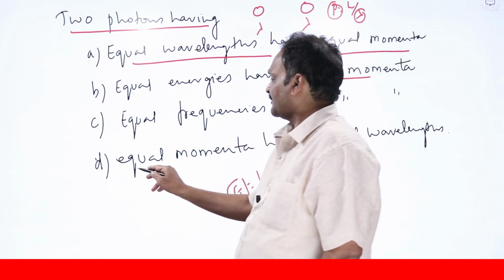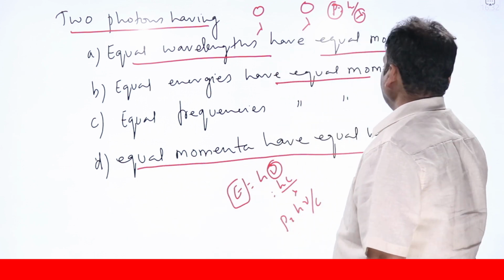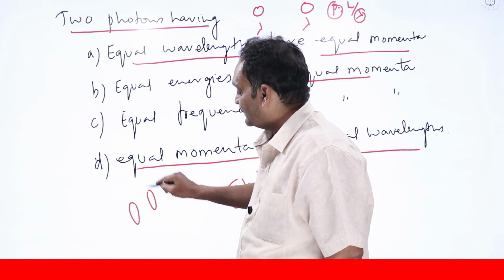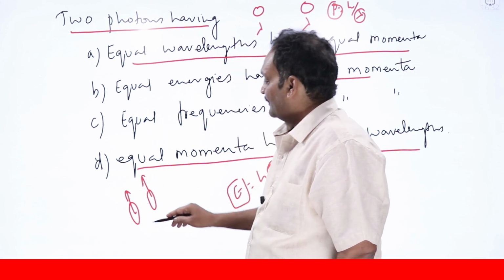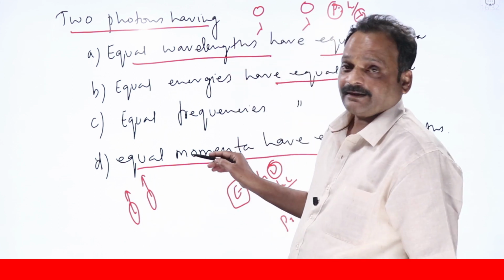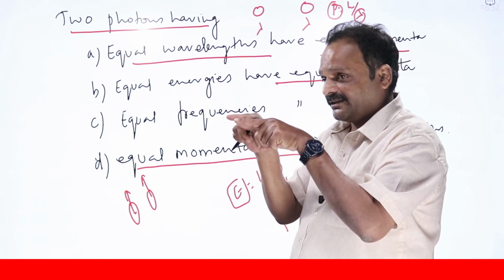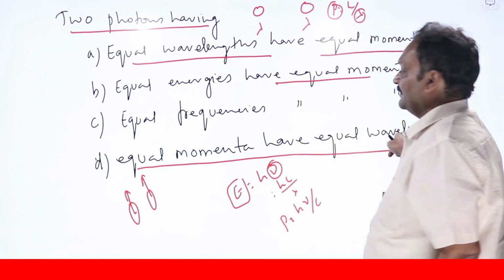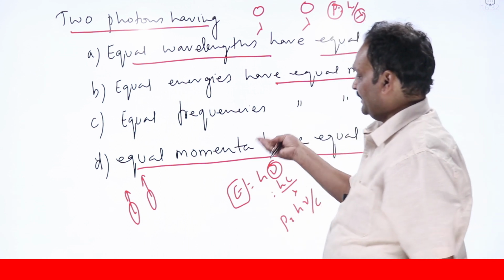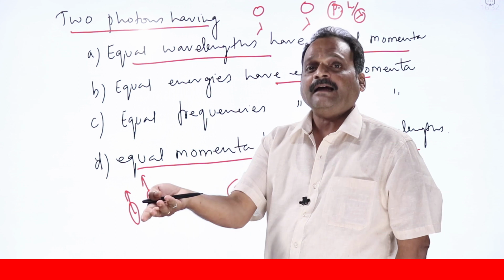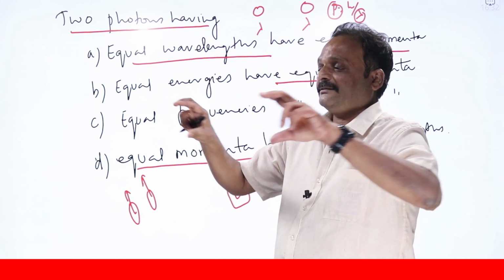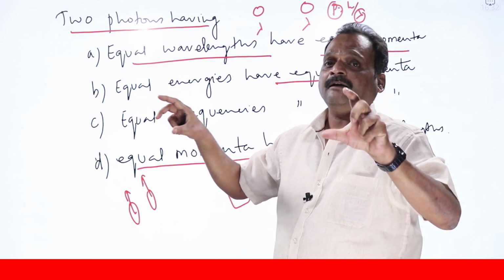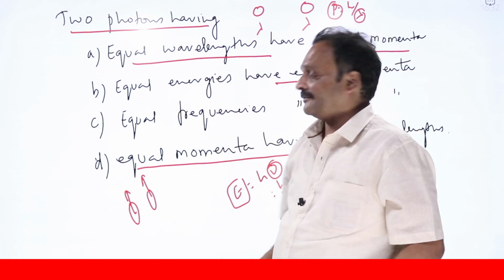Now look at the fourth option: equal momenta have equal wavelengths. When momenta are equal, both photons are moving in the same direction, and the wavelengths are also the same. So the wavelengths will be equal. It is the same thing we saw in the earlier problem, where two particles moving in opposite directions must have equal and opposite momenta because the total initial momentum is 0.